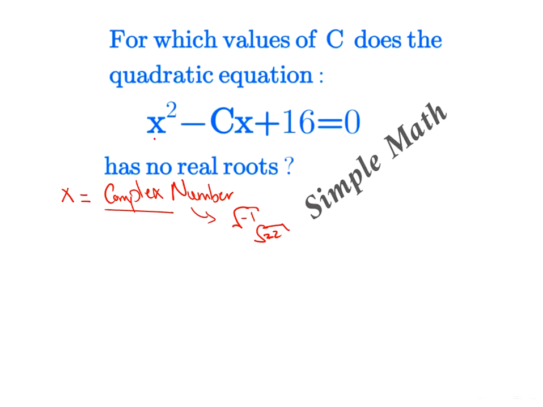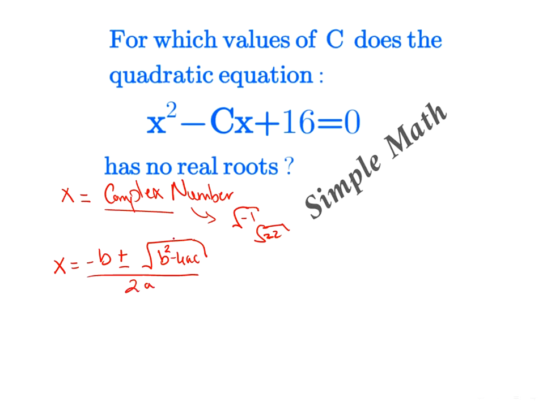To find the solution of this equation, we have to use the formula for the solution of the quadratic equation, which is x equals negative b plus or minus the square root of b squared minus 4ac, over 2a.